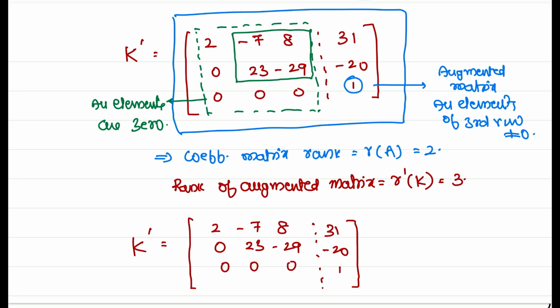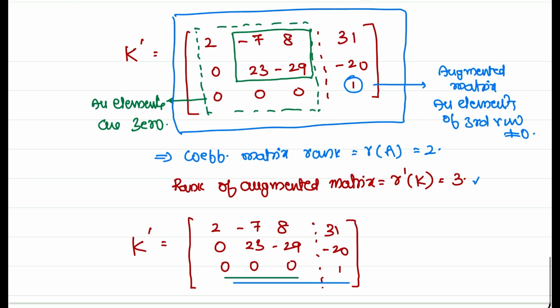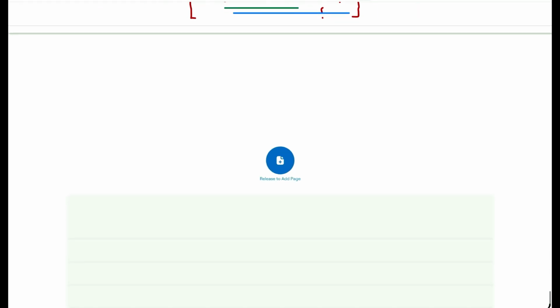For the coefficient matrix all elements of the third row are 0, but not for the augmented matrix. Hence, augmented matrix rank is 3 and coefficient matrix rank is 2. That means R is equal to 2, R dash is equal to 3, which implies R is not equal to R dash.